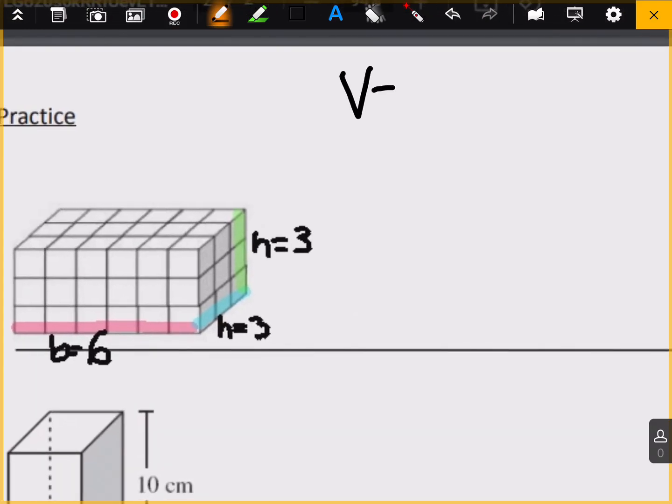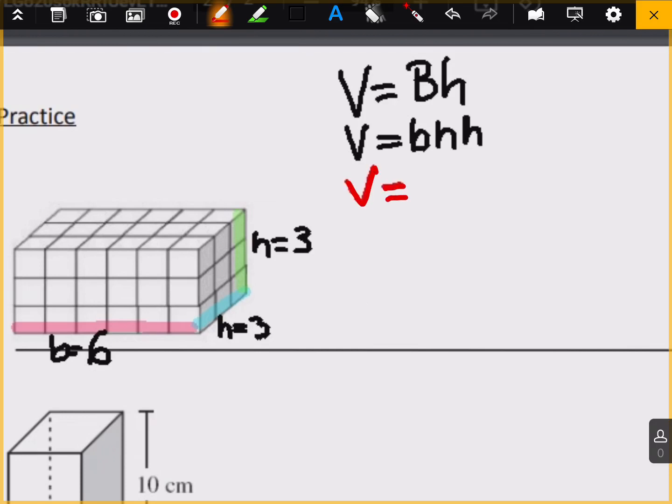So remember, the volume formula is represented as big B times H. I know that big B just means the area of the base, so that's base times height multiplied by the height of the prism. I'm going to plug in those 3 numbers into my volume formula, and I'm going to find the volume of this prism. So I'm going to do 6 times 3 times 3.